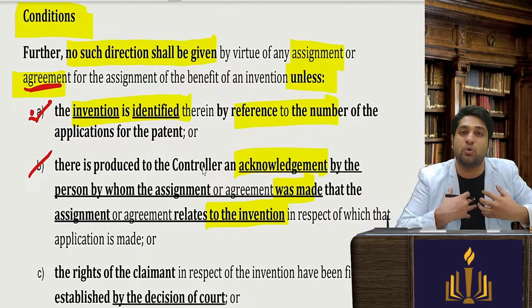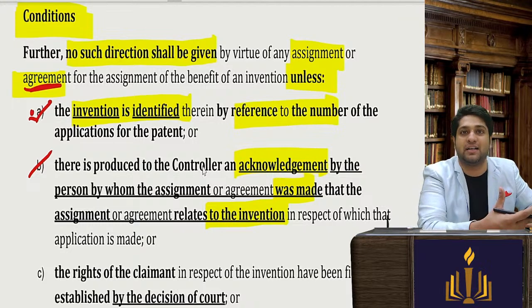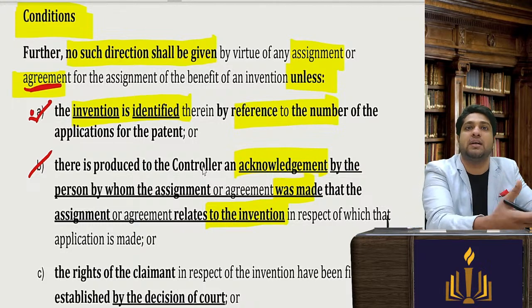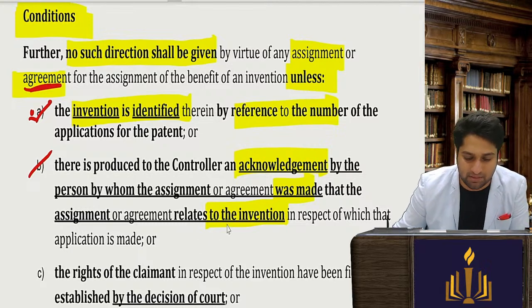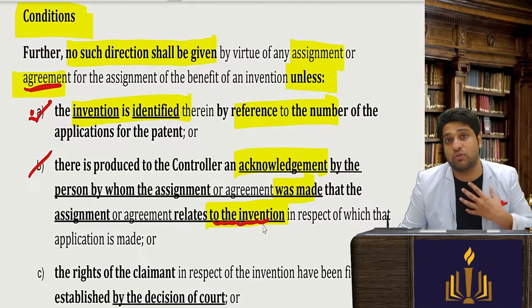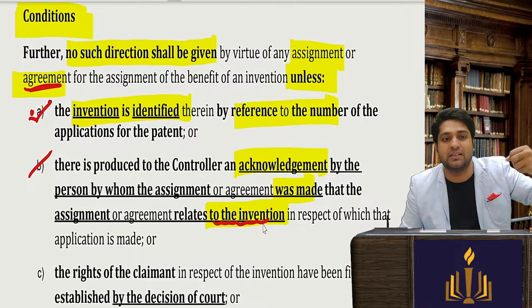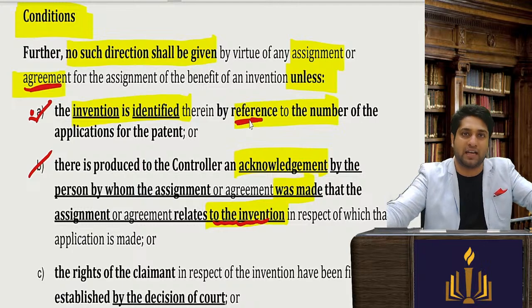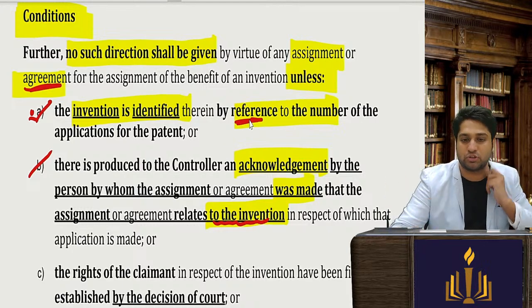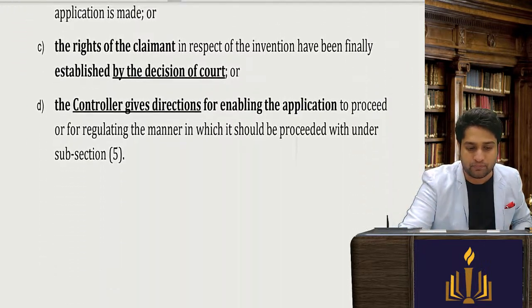So if I am the original inventor, I had assigned it, so my acknowledgement has to be there. The agreement copy has to be given, showing that the assignment relates to the invention. So when I am acknowledging, I am telling that this is the invention number which I have sold, or on which his name should also be added.